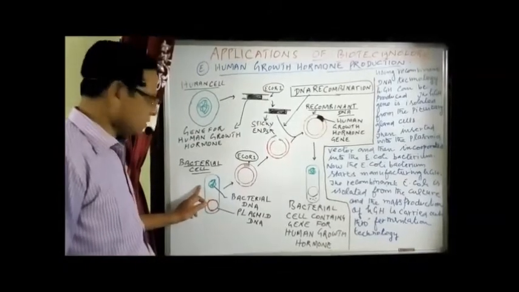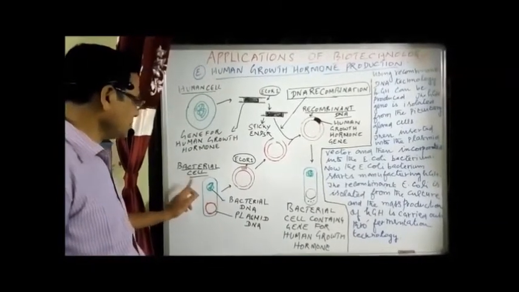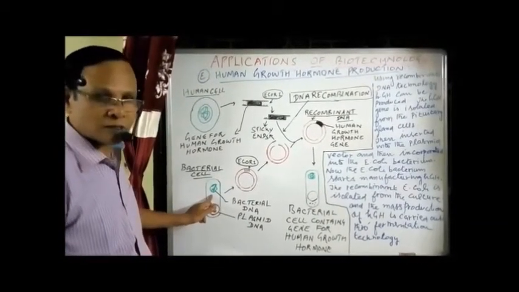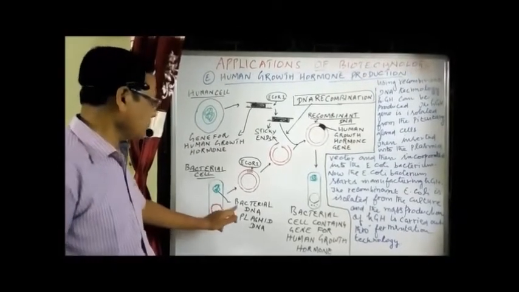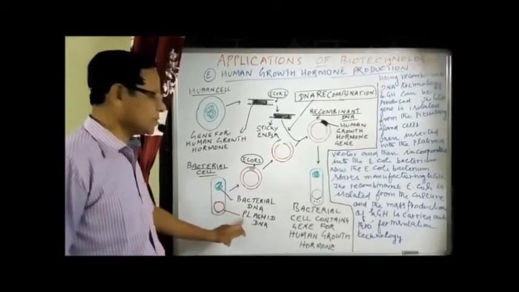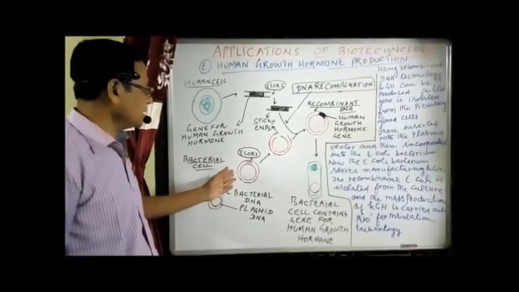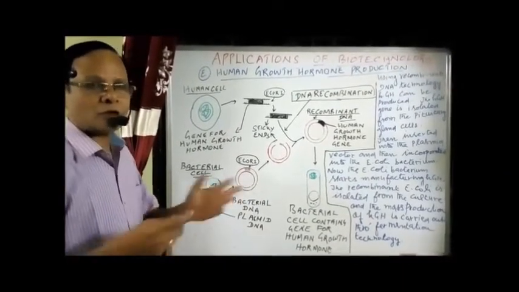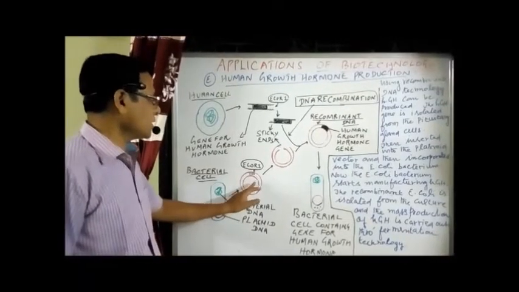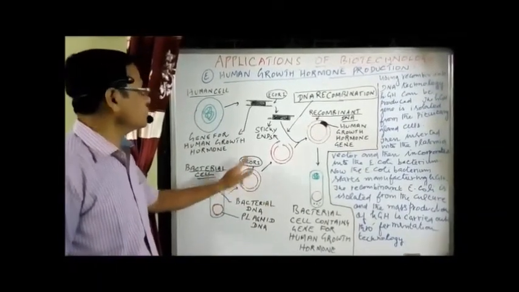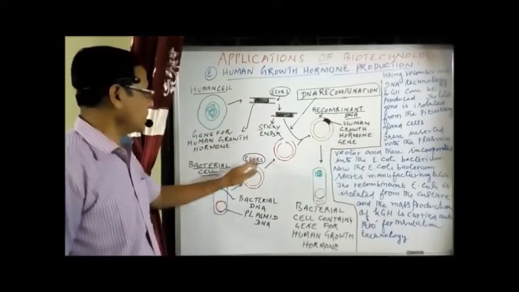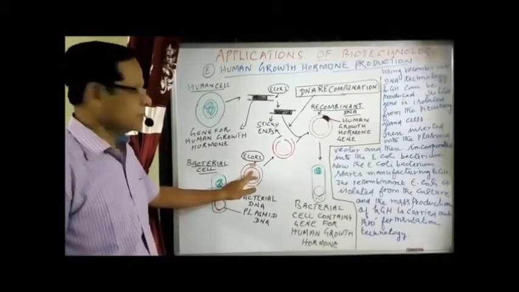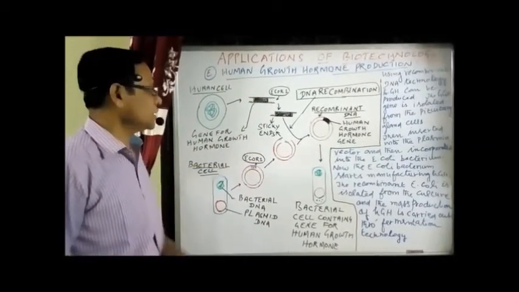Now the E. coli bacterium is taken. There is a bacterial cell, having bacterial DNA with the plasmid DNA, which we have already seen in insulin hormone production. The plasmid DNA is used as a vector for transferring the gene for the recombination process. It is isolated, and by using the same EcoRI enzyme, we cut open this plasmid DNA.